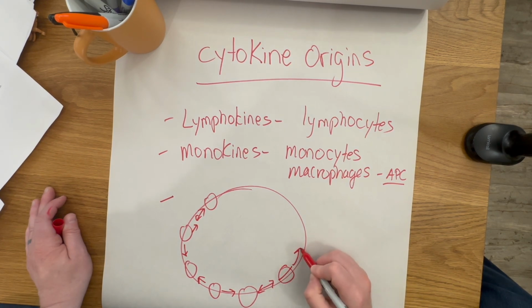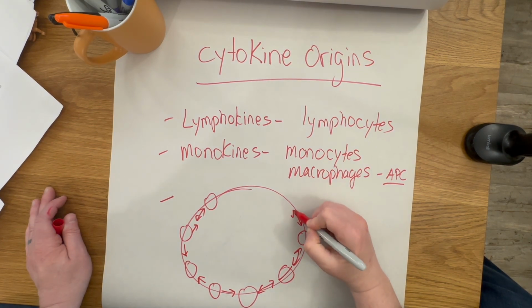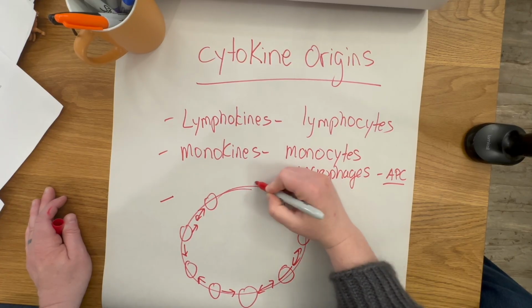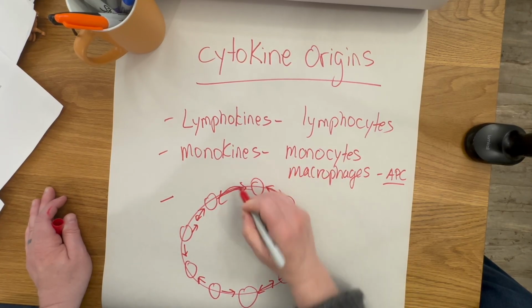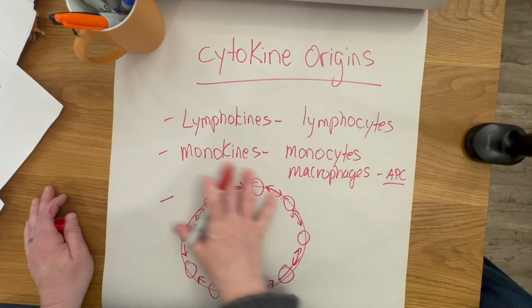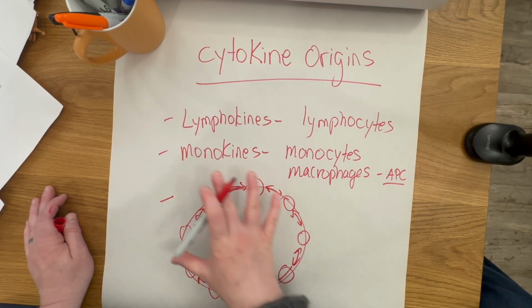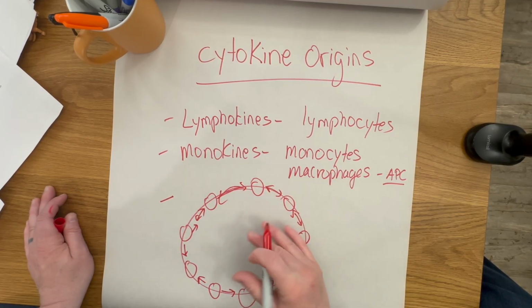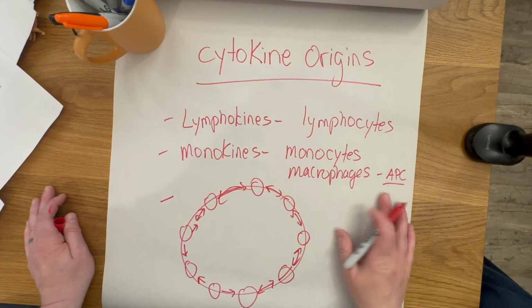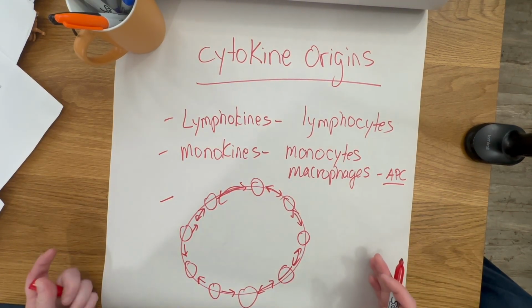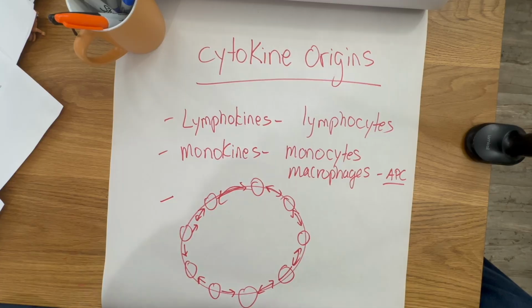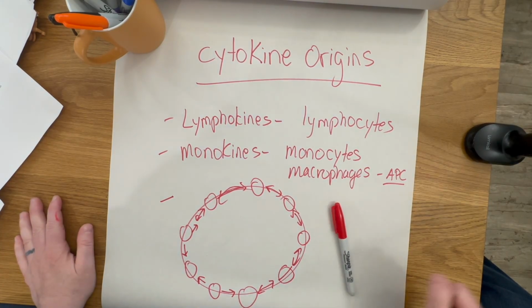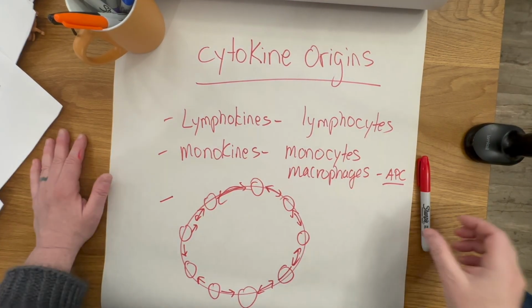I'm trying to show this as two-way communication between the cells, all the different types of cells that are involved in the immune response. Okay, so it's really important that all of this stays in balance and that the cells read each other's body language, so to speak, and they get those communications correct and the responses are appropriate throughout the entire immune reaction.